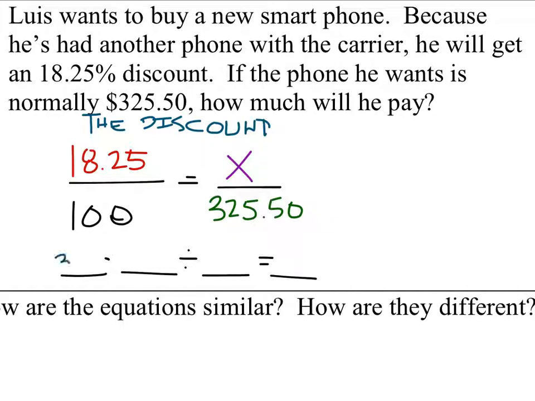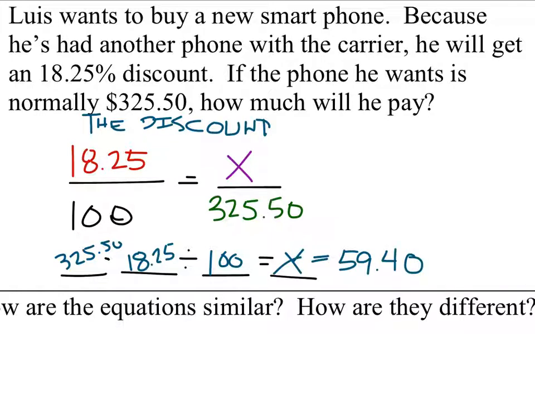59.40375. All right, so let me write this down first. Times 18.25 divided by 100 equals X. And what did you guys get? All right, so this is $59.40. Now the original price was that $325.50.